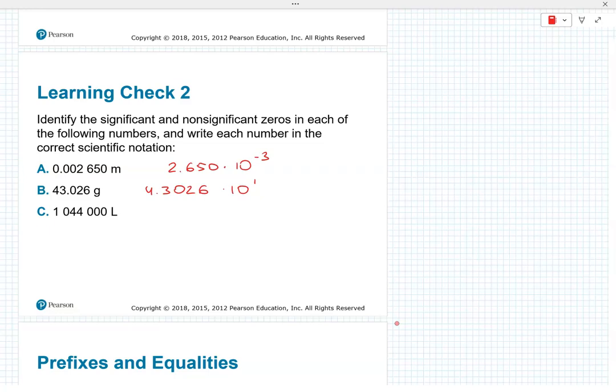C. 4 significant figures. Yes, thank you. 4 significant figures, scientific notation, multiplied by 10 to the power of 6. I'm going to pause right here and ask if it makes sense.